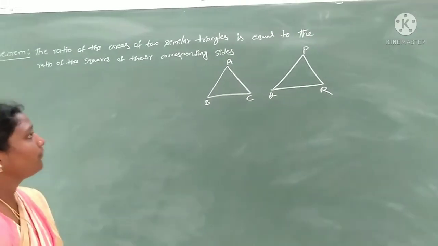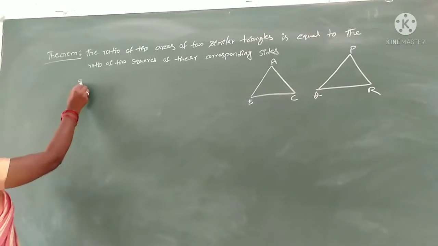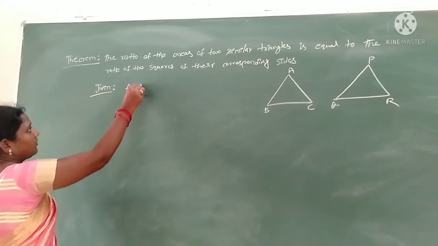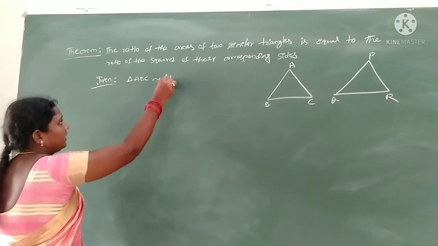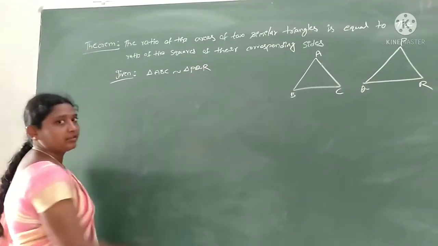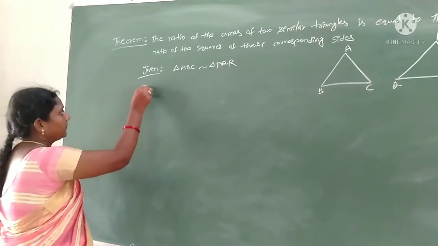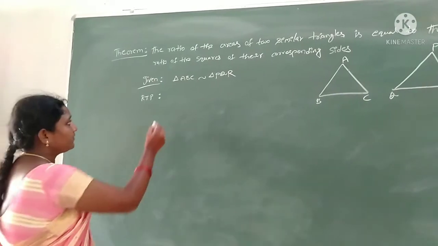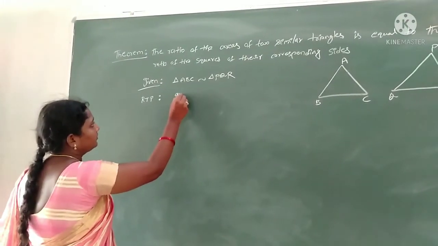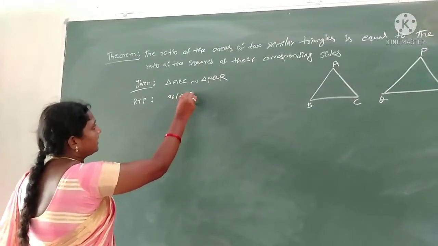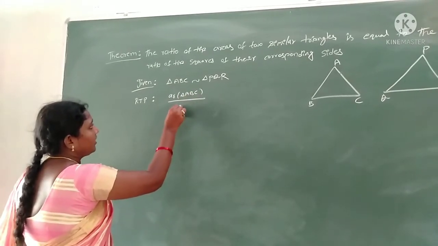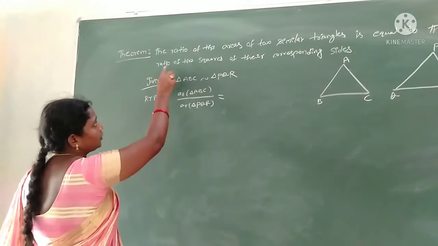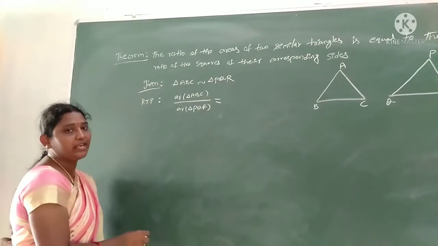First, given: triangle ABC is similar to triangle PQR. Next RTP, the ratio of areas: area of triangle ABC by area of triangle PQR equals the ratio of the squares of their corresponding sides.